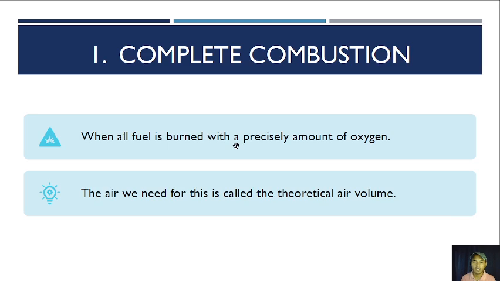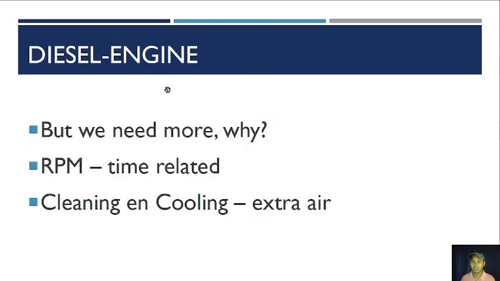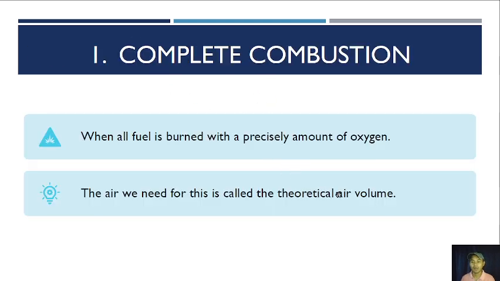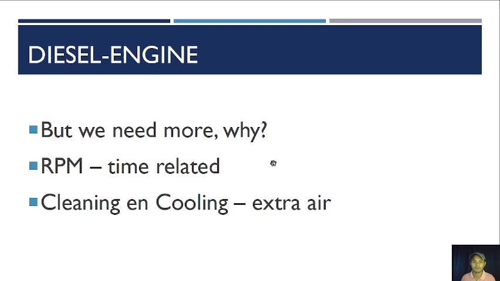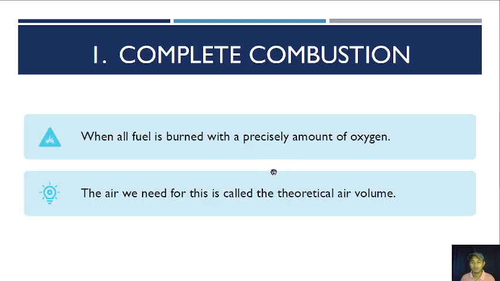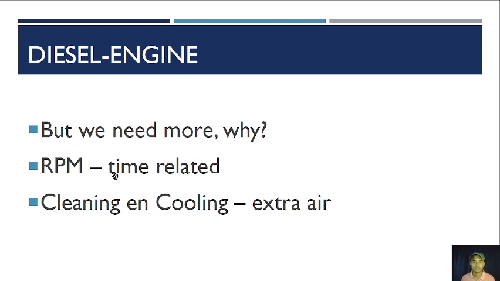We need more air for our diesel engine to increase its power, because the more air you put, the higher the power it will create during combustion, and the lesser fuel that you will be using. So you will be saving fuel. So more air volume, lesser fuel, but with the same power output or more.